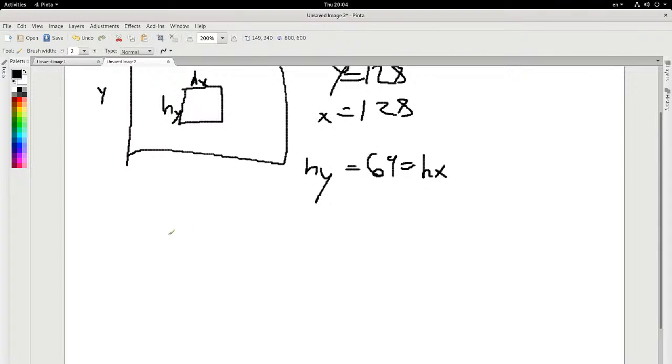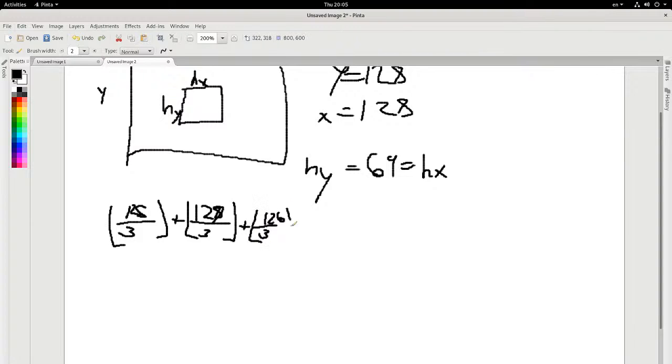So we have 128 over 3 plus 127 over 3 plus 126 over 3, and that's squared.